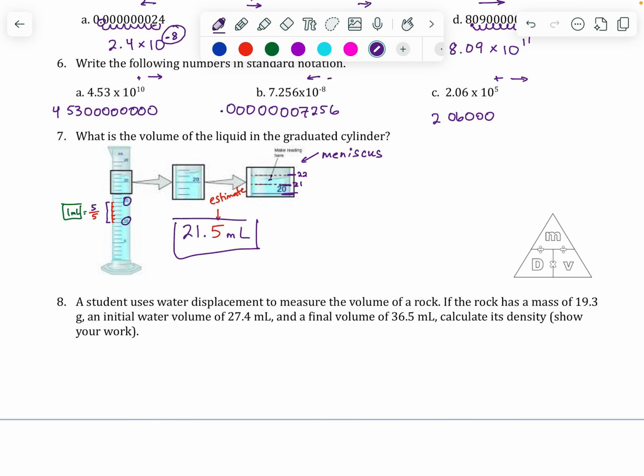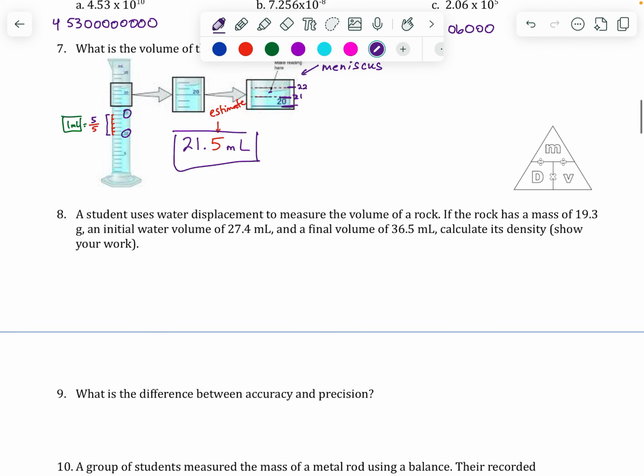final measurement. We then did a couple of density calculations just to get the math juice flowing there, and to be able to foreshadow what was to come in terms of the math that we'll end up using throughout our time together in our class.